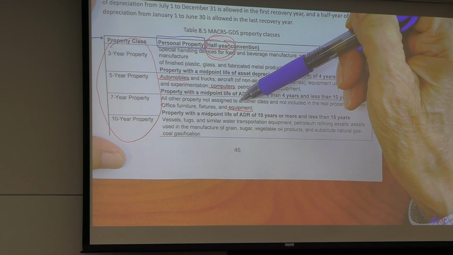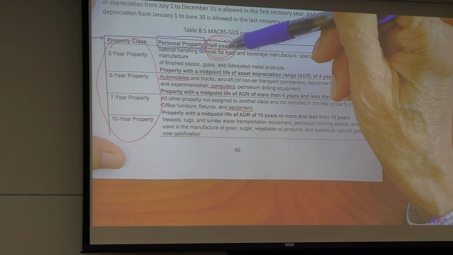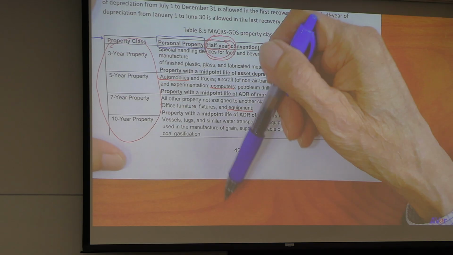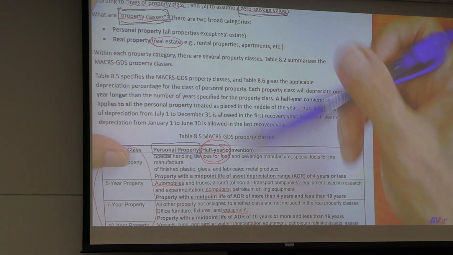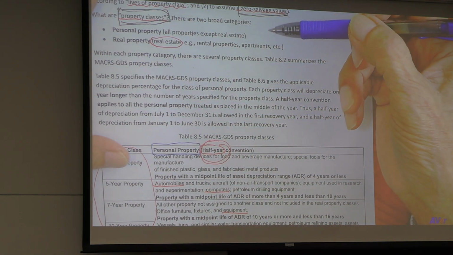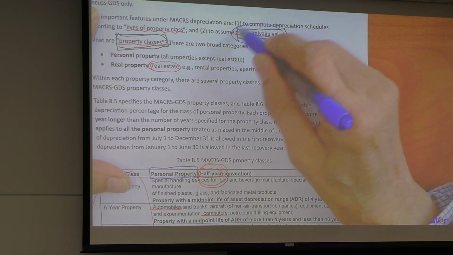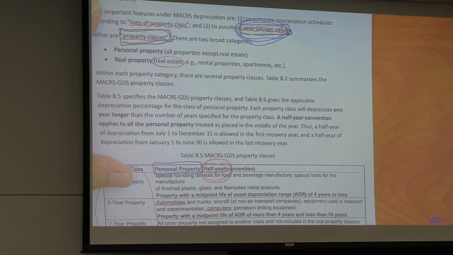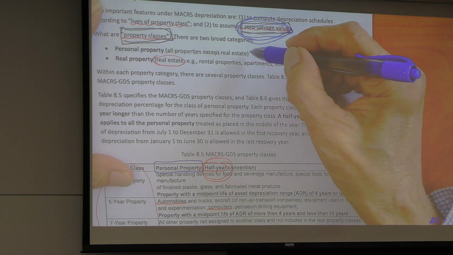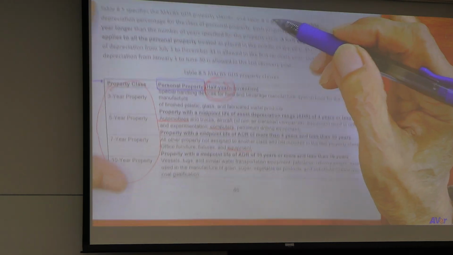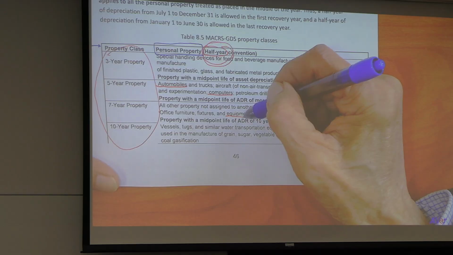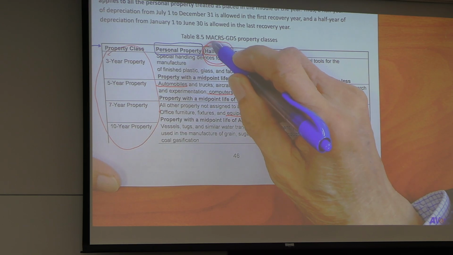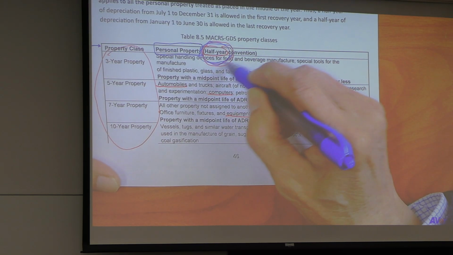2 more things. All the ACRS assume a 0 salvage value. For personal property, process equipment, half-year convention.